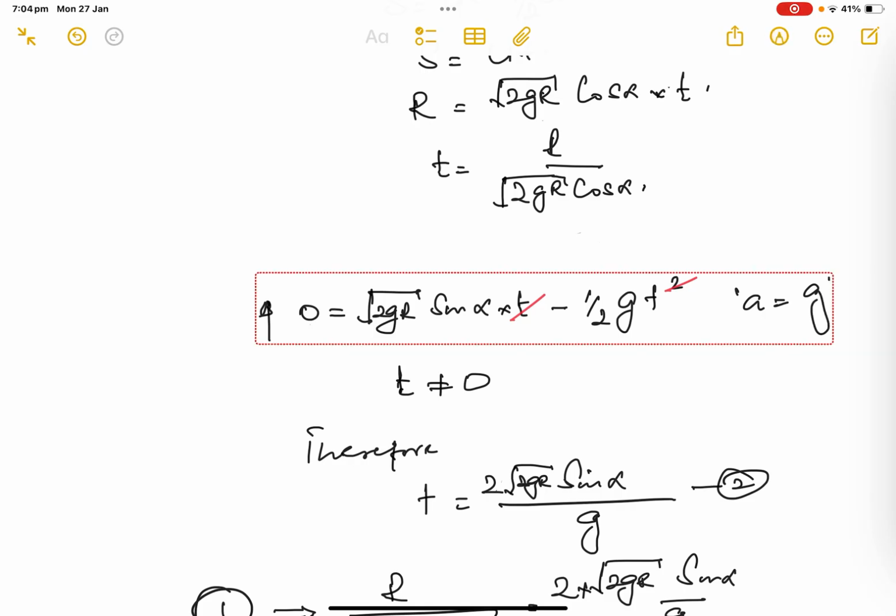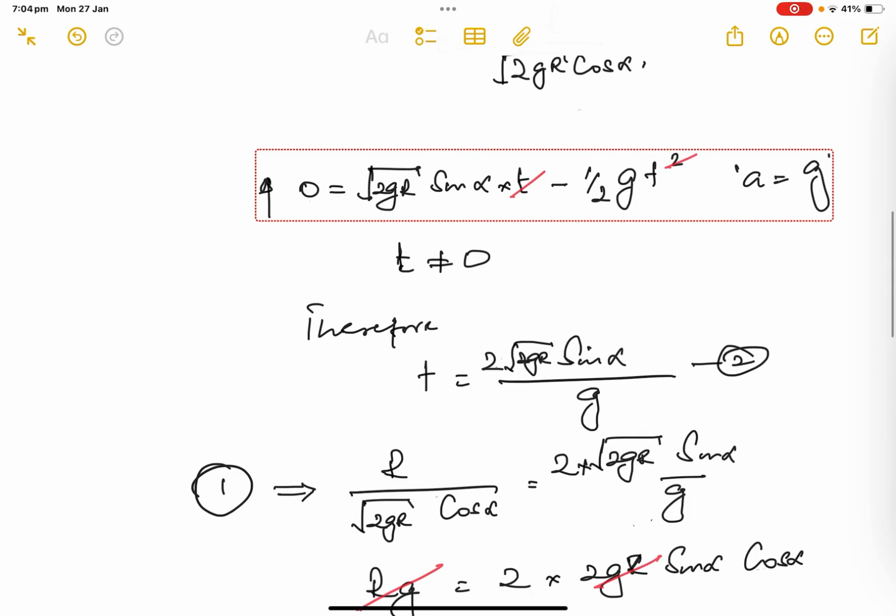From this we can take t out. t cannot be 0 because the particle actually left the ground and travelled for some time and came back. The 0 is the initial stage, so what we are looking for is t not equal to 0.